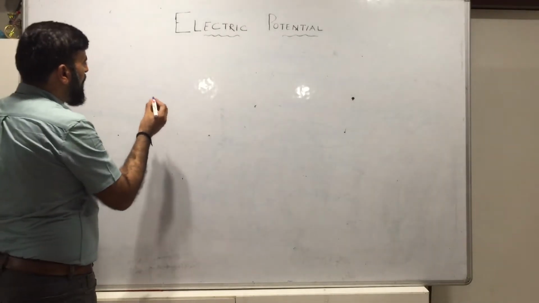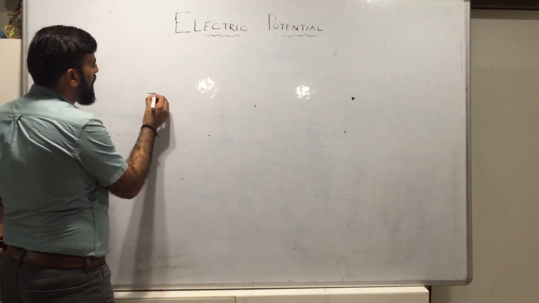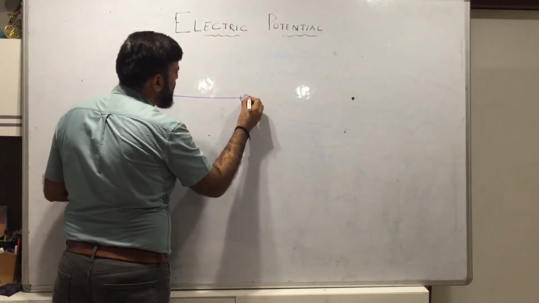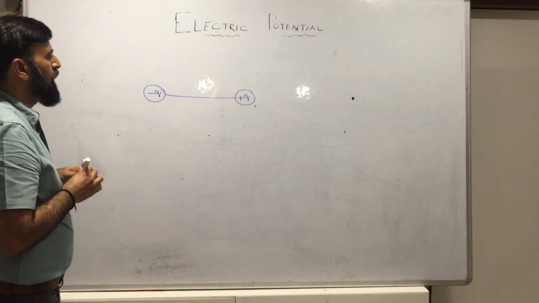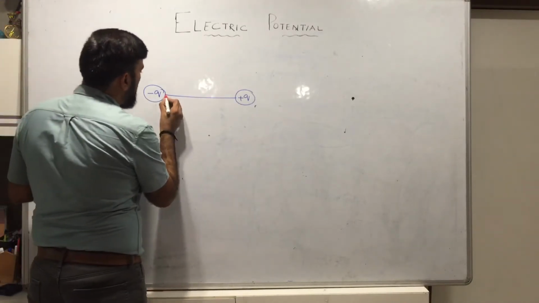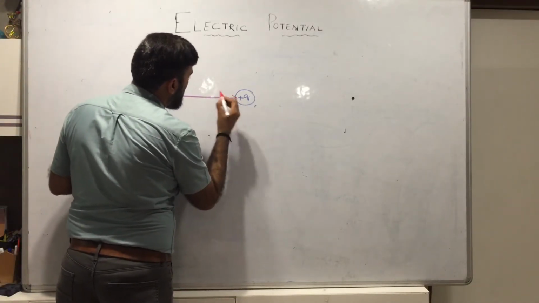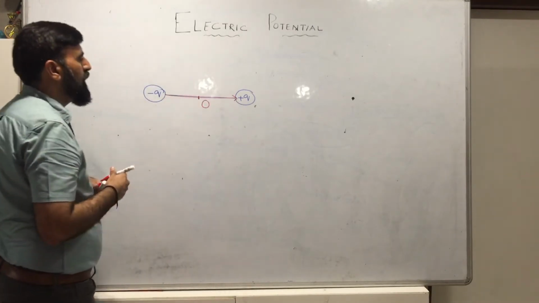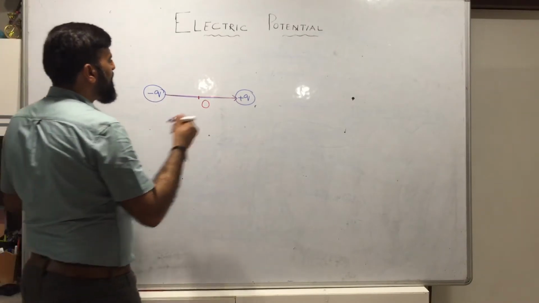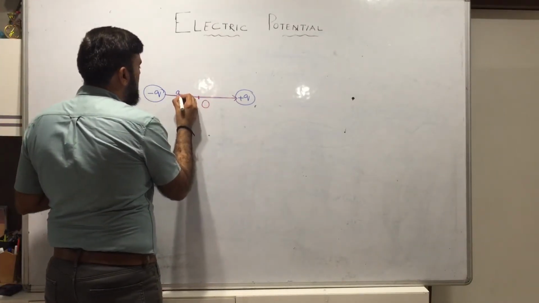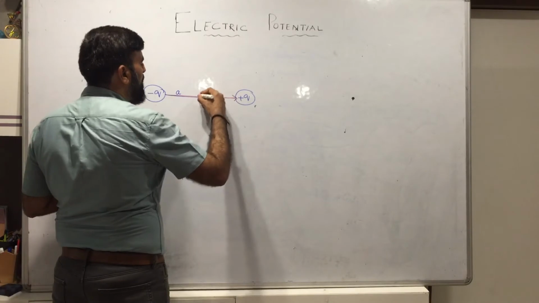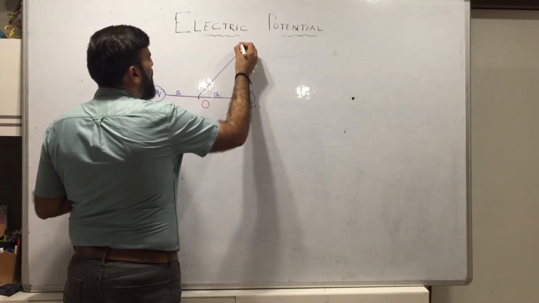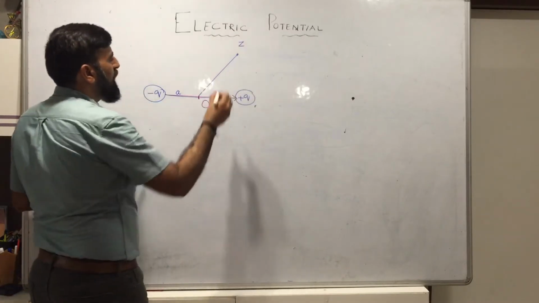First of all, I'll choose a dipole here. Let's say a dipole minus Q and plus Q. That's a given dipole. Dipole moment, if I mark, the dipole moment is from negative to positive. This is the dipole moment. This is the center of the dipole O. Let me take this side as A. From this O, I have chosen a point, maybe point Z. Fine.